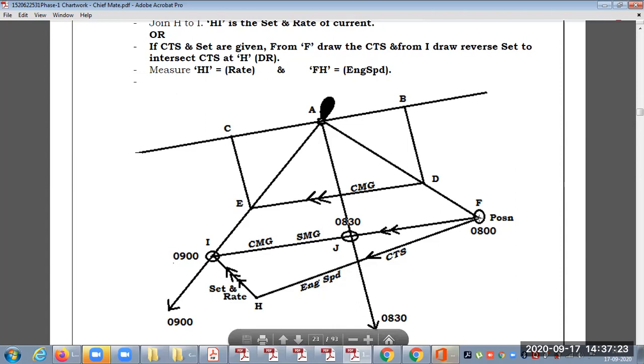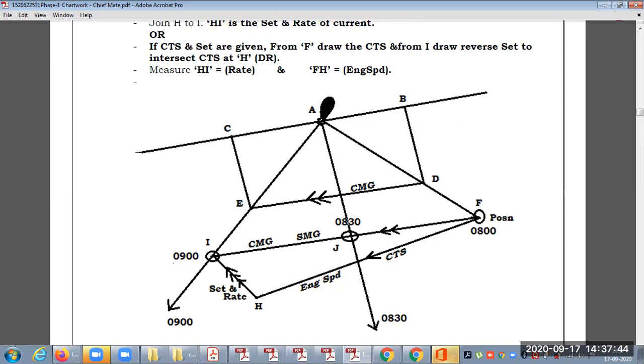So we plot the course to steer from the position and we cut the engine speed, and we put the set direction, whatever is given, and wherever it cuts the third bearing, that will be our set and rate.